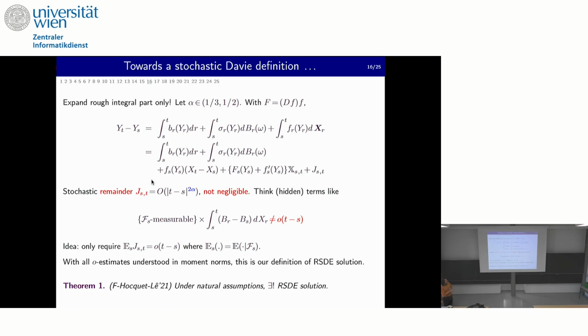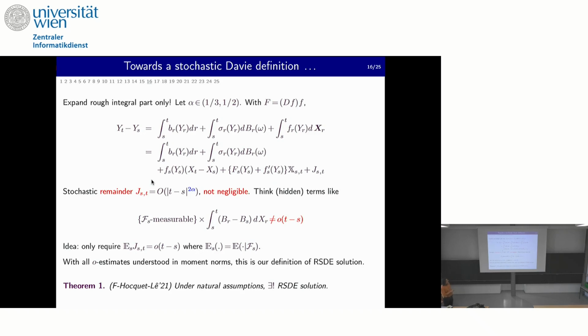So this messes up the analytic negligibility we had previously, in the Davie definition. But if you put a conditional expectation here, then it's actually true, or you make it a definition, but you can do some back of the envelope computations to see why this should be so.